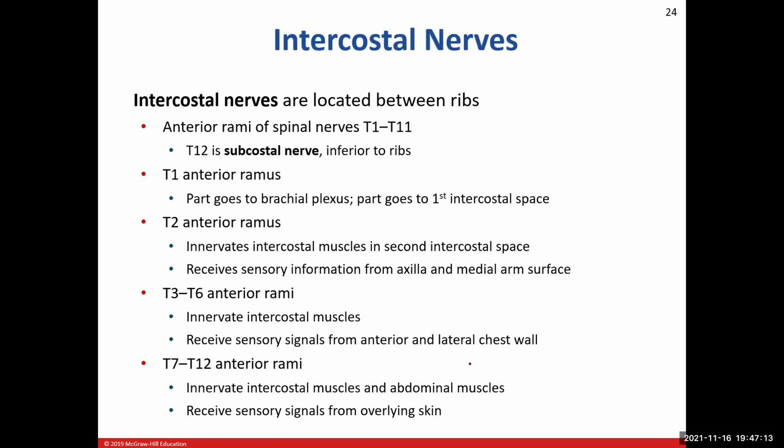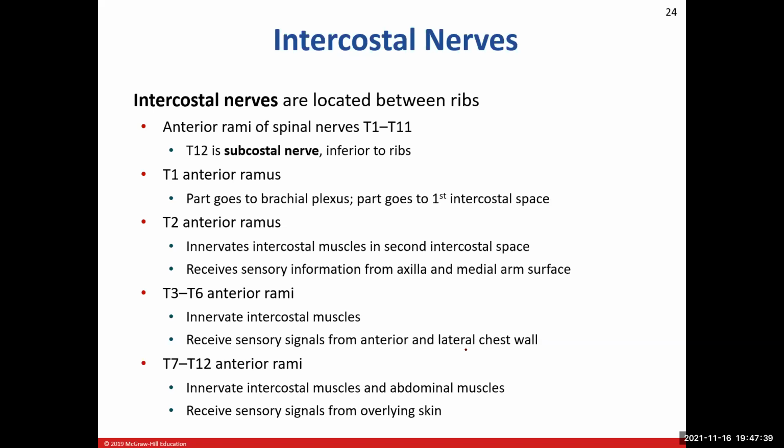So we'll see the anterior rami of the spinal nerves from segments T1 all the way down to T11 become intercostal nerves. Now, we don't really have a specific name for them other than just intercostal nerve, or the T1 intercostal nerve, or the T3 intercostal nerve. But when we get down to T12, we give it a name, we call it the subcostal nerve.